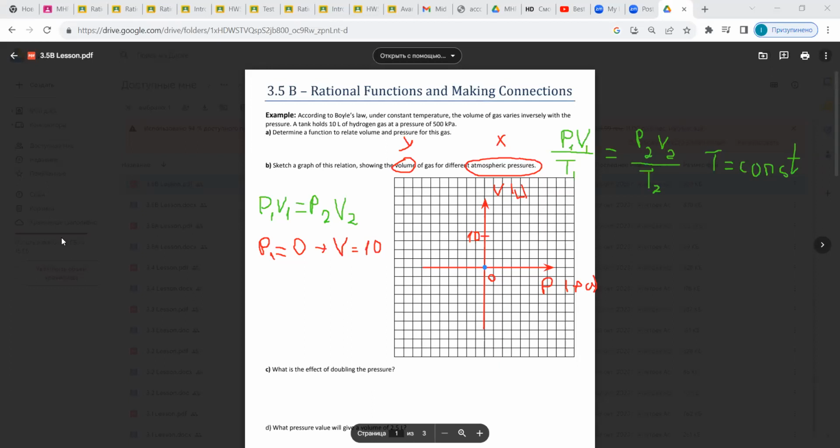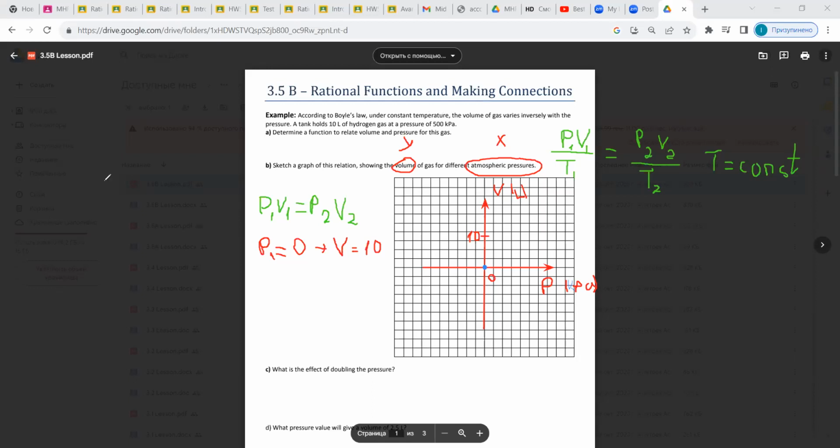Let's make a clarification here for convenience. Let's say the coordinate axis of P is going to be expressed in kilopascals, not just in pascals. 500,000 pascals pressure.